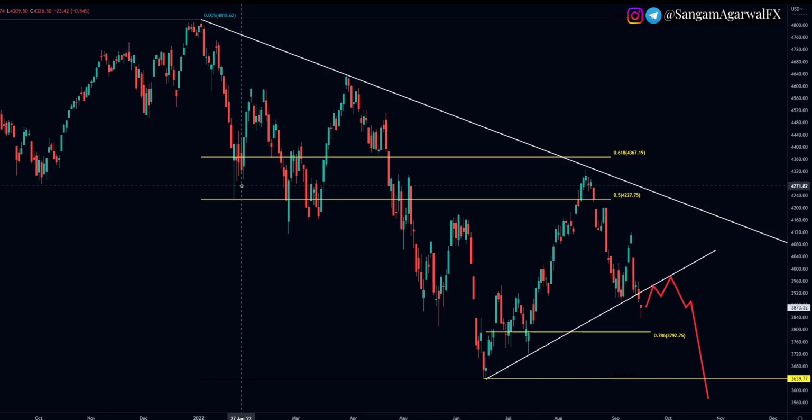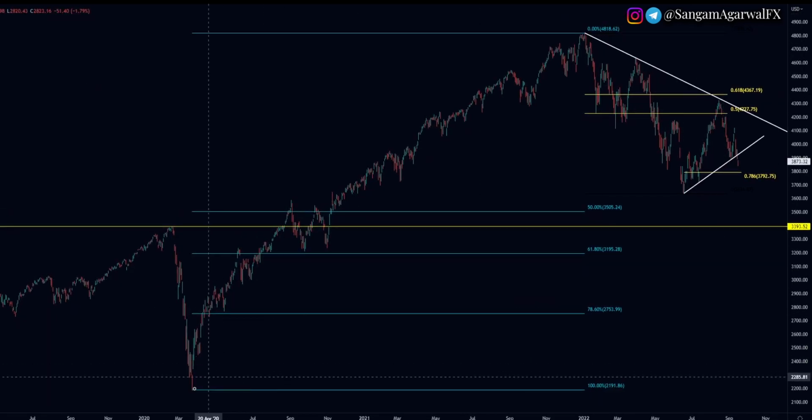So if a new low comes and this support 3639 also breaks, then what will be the next target? First of all, we draw a retracement for this complete coronavirus bullish trend from the bottom in March to this top.